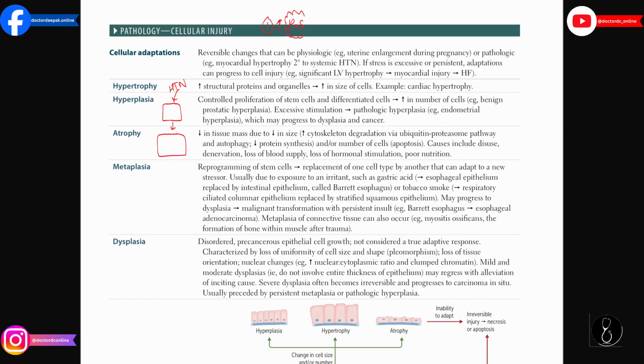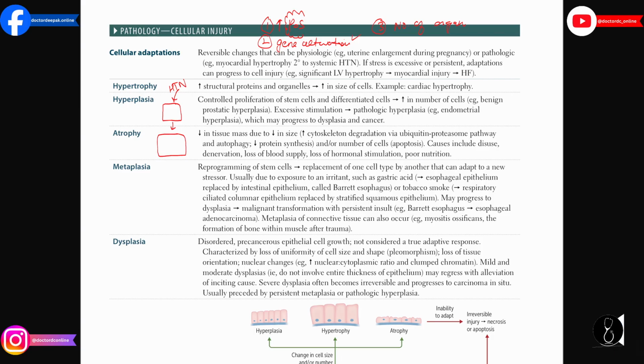Second thing, if you want more protein synthesis, you have to activate certain genes. It means gene activation is also increased. Without gene activation, you cannot make the protein synthesis. And third thing, you have to increase the number of organelles, and organelles means you have to increase the number of mitochondria.